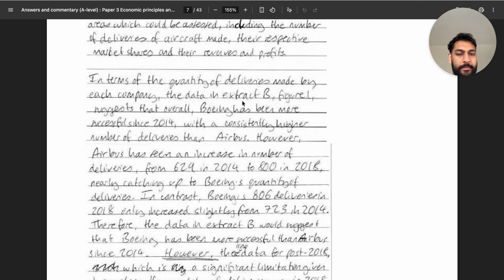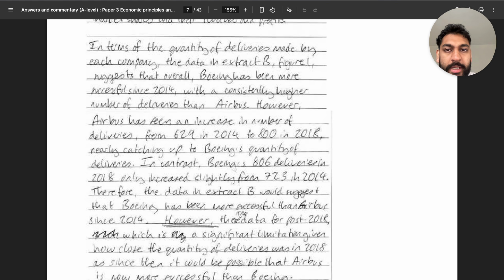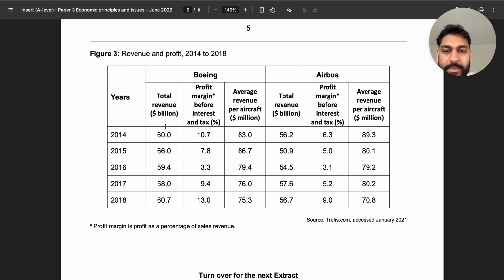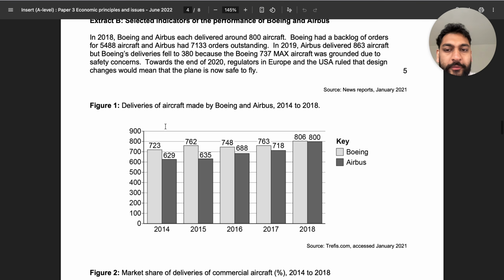Go into the data, say exactly what numbers you're looking at, so be very specific. So I would say, figure 1 shows that Boeing made more deliveries than Airbus in every year between 2014 and 2018. One example would be that they made 6 more deliveries in 2018.